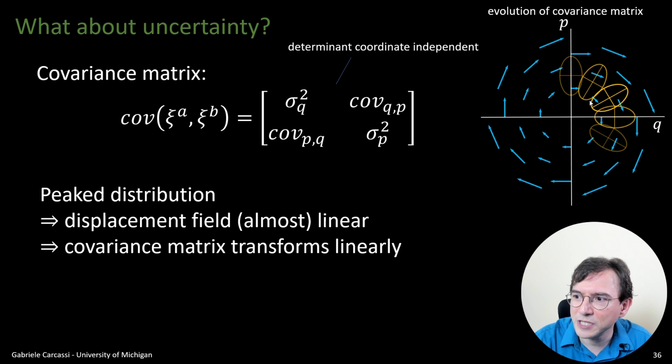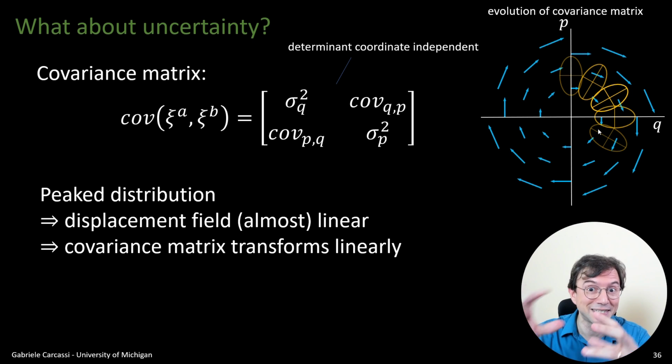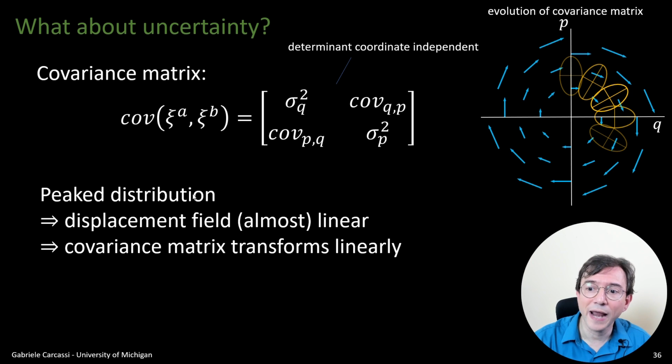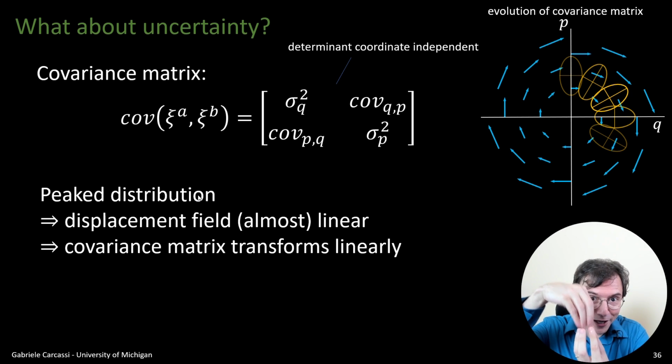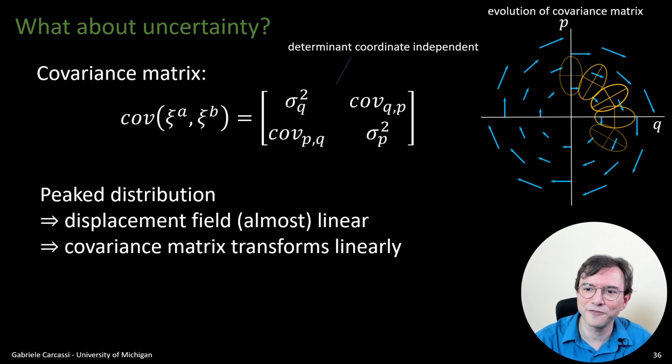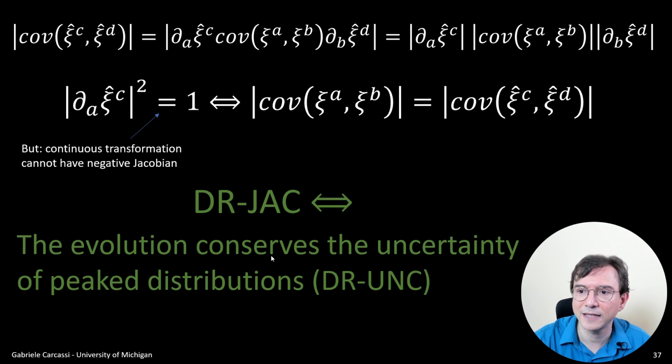The way that you typically draw the covariance matrix is by drawing these ellipses, which essentially tell you the standard deviation on one axis and the standard deviation on the other axis, and then you see how this evolves. If we have a peaked distribution, meaning that the distribution is packed very, very tight, then the displacement field can be approximated with a linear transformation, and the covariance matrix transforms linearly in that small region.